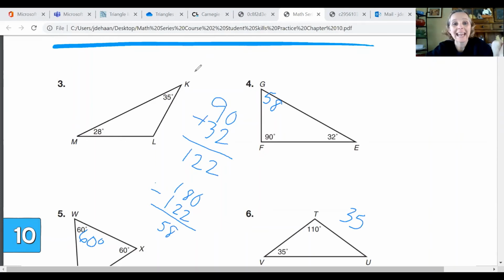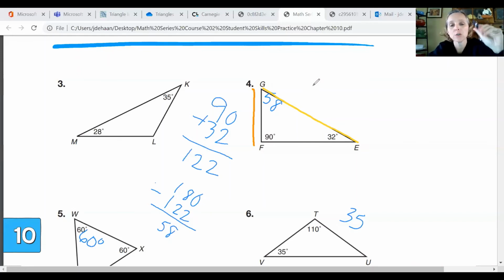That means that the side across from it, which would be GE, would be the longest side, okay? The shortest side would be across from the smallest angle. So the 32-degree angle, angle E, is the smallest angle. So the side across from it is the shortest.